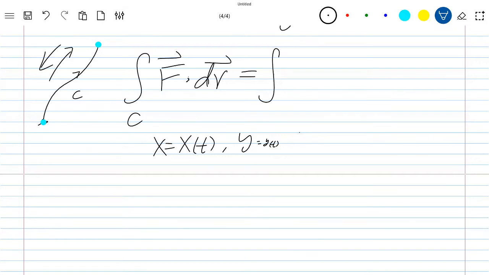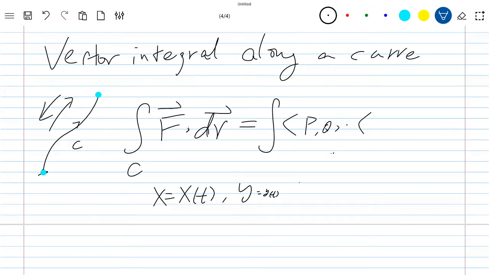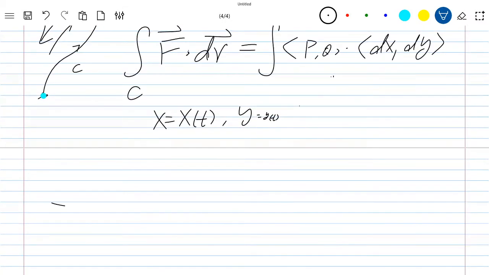Then with F equal to (P, Q), this will be (P, Q) dot (dx, dy), that would be P dx plus Q dy. Okay, that's a generic form, but how do you integrate?